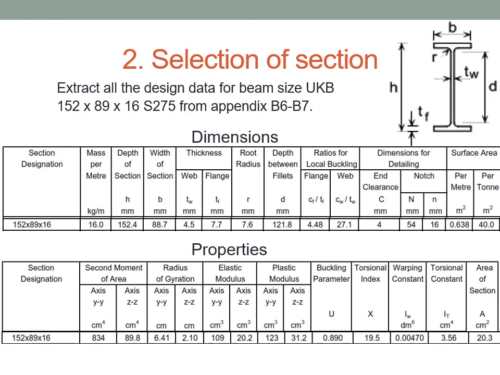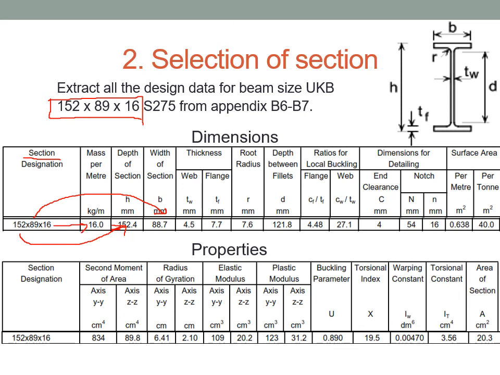Since we already have the size of the beam, all you need to do is to extract all the design data. Please take note that normally for section designation, 152 represents the height of the section, 89 represents the width of the section, and 16 is the weight of the section.